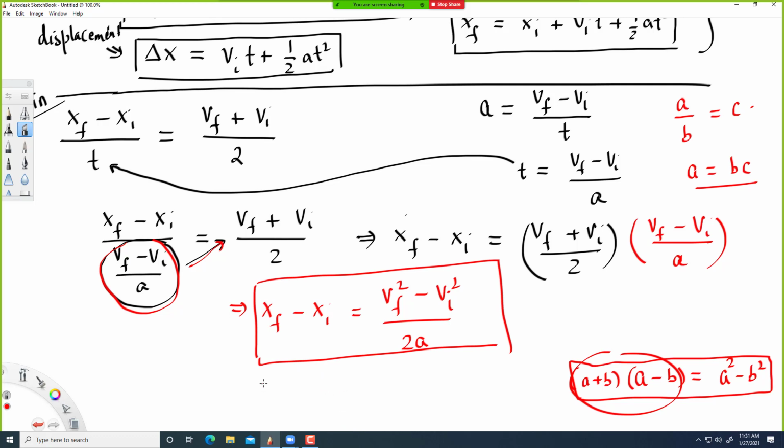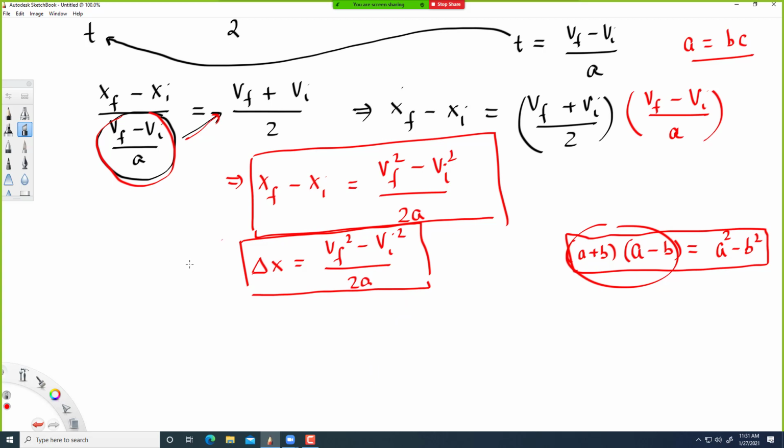So we can write this as delta x is equal to v final squared minus v initial squared over 2a. That also gives us the displacement. I can rearrange this and write in terms of vf. Exactly same equation but in terms of vf.